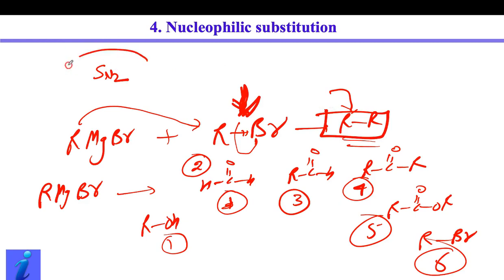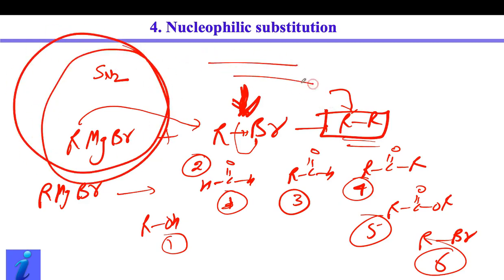So Grignard reagent is least reactive with the nucleophilic substitution type of reaction.